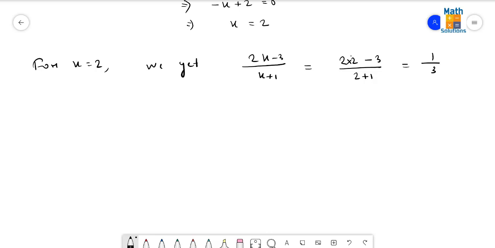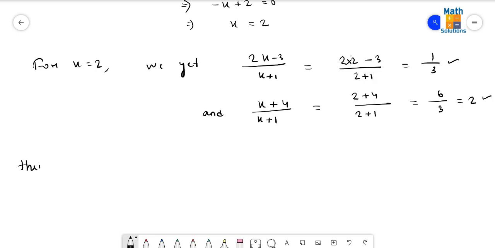And then what do we get? (k + 4)/(k + 1) is equal to (2 + 4)/(2 + 1), and the result comes as 6/3, and that is 2. Therefore, ultimately we see that the required results we are getting here.